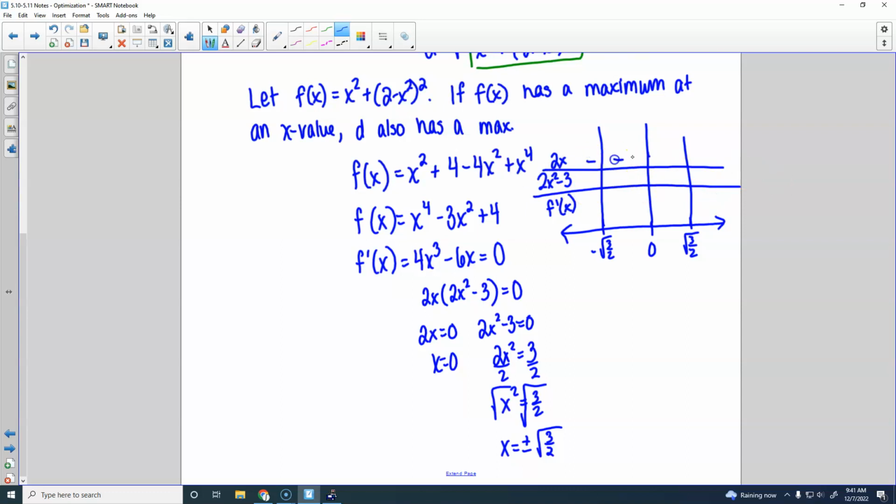So here we just have negative, negative, positive, positive. Here we're going to get positives on the outside, but if we plug in a number between negative square root of 3 over 2 and positive square root of 3 over 2, we'll get negatives in the middle. So we get negative, positive, negative, positive.